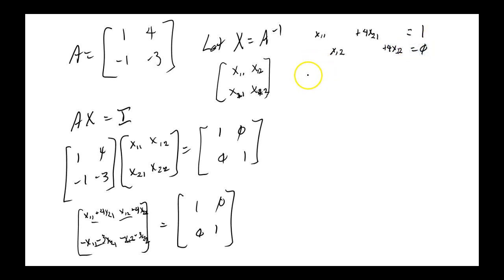The next one would be minus x of 1, 1 minus 3x of 2, 1 is equal to 0, and minus x of 1, 2 minus 3x of 2, 2 is equal to 1. Agreed. Yay or nay? What do you think?